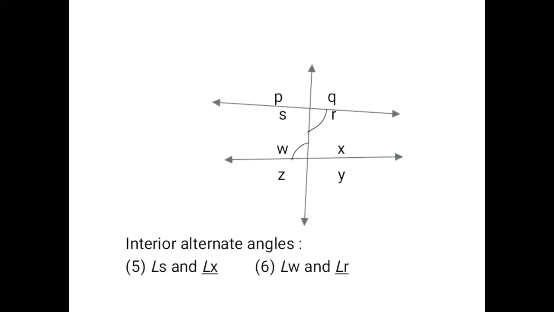Where is angle W? On second line left side, which is the opposite side of transversal and on opposite direction of angle W, angle R. You can take opposite Z also when you name the alternate angle. Angle W and angle R are alternate angles.